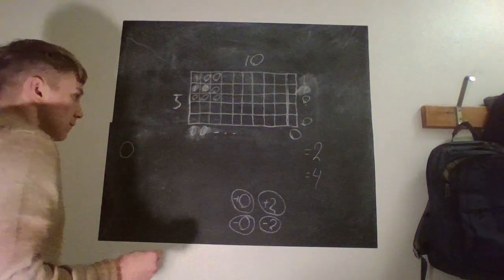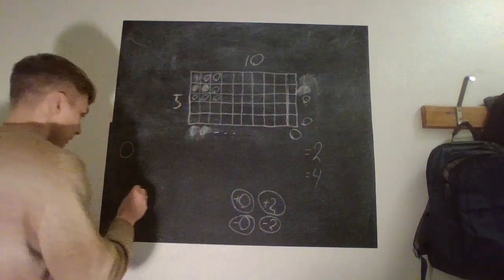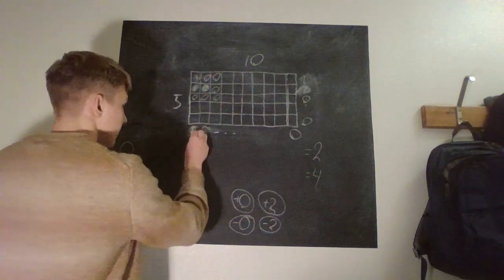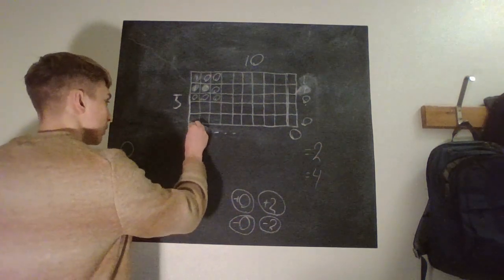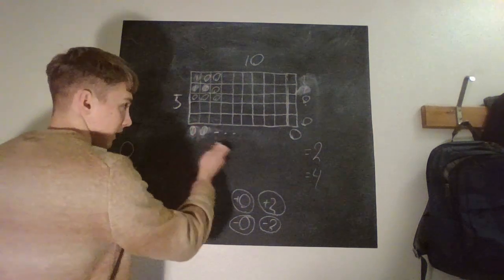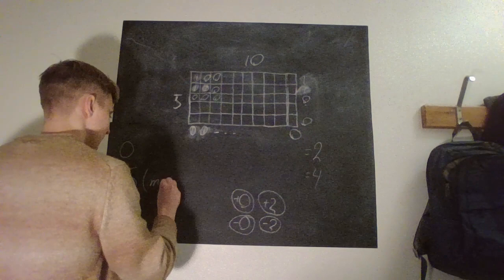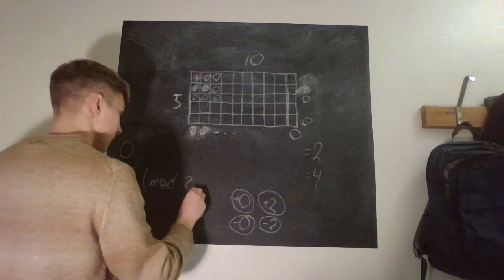And as an invariant, we can denote this as the sum of all the columns and the rows, so it's just the sum modulus 2.